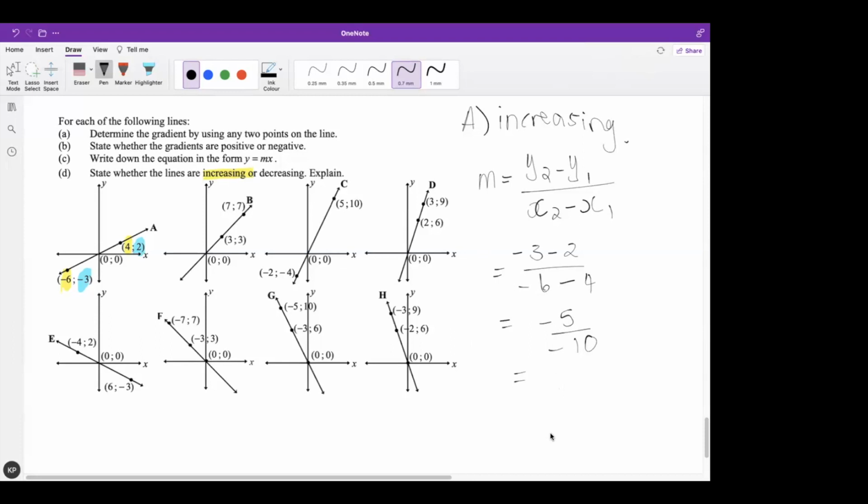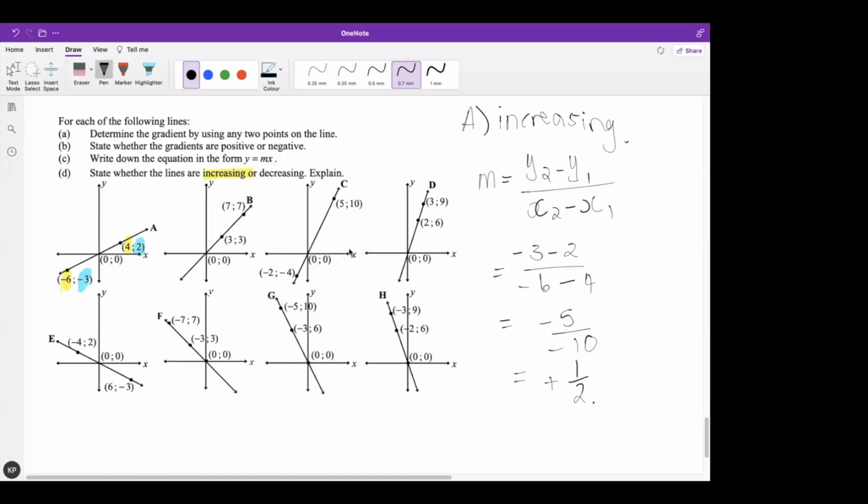Okay, so 2 negatives give me a positive, and 5 over 10 can be simplified to 1 over 2, a half.